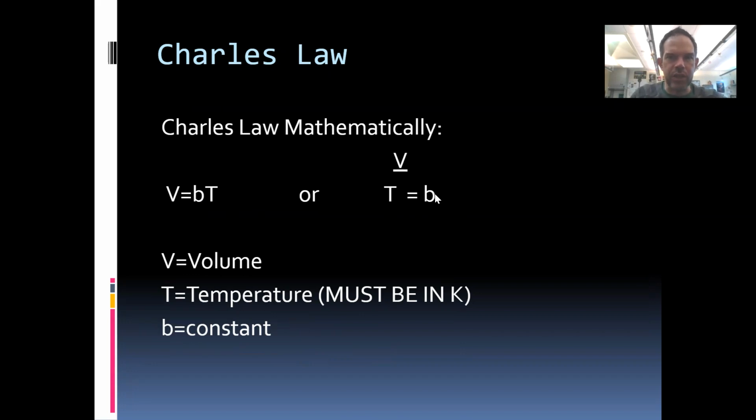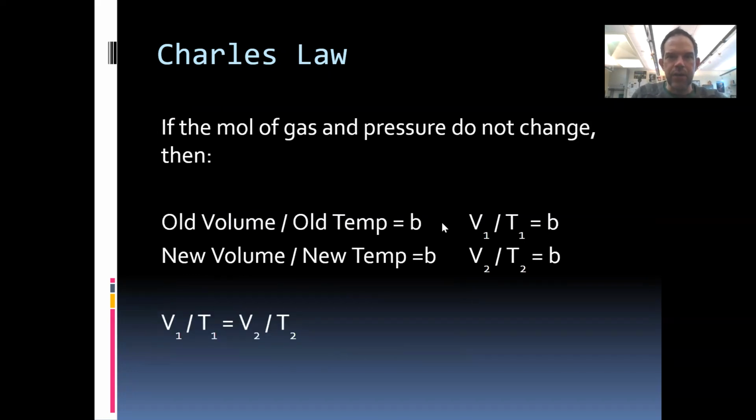So the original volume divided by the original temperature equals the constant. And then if it changes, let's say it gets hotter or colder, or even if the volume gets squeezed, what will happen is it actually changes the temperature too.